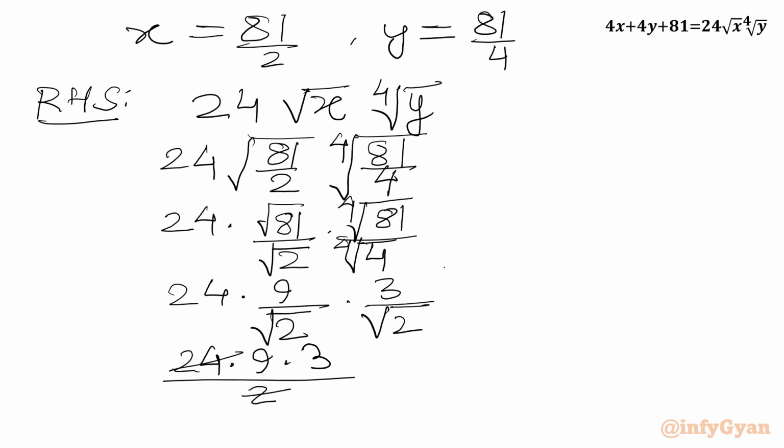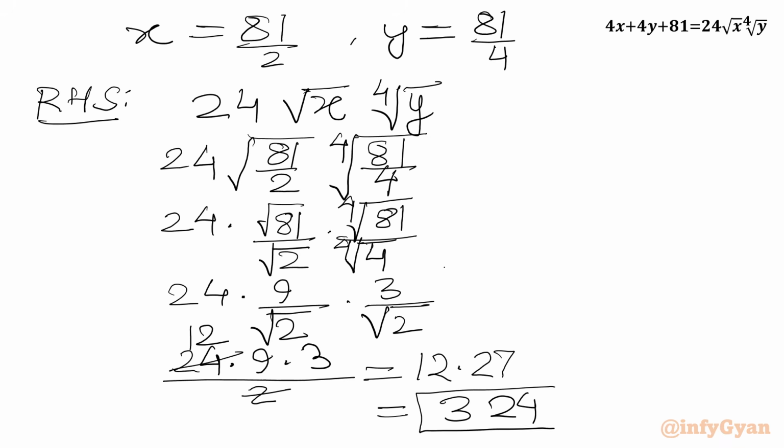This will get cancelled out. We'll write here 12. So this is 12 times 9 times 3 is 27, which will give us the product 324. LHS equal to RHS. Hence our solution: x will be equal to 81 over 2, y will be equal to 81 over 4.